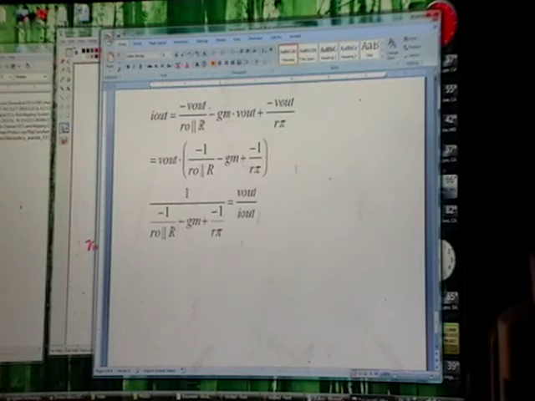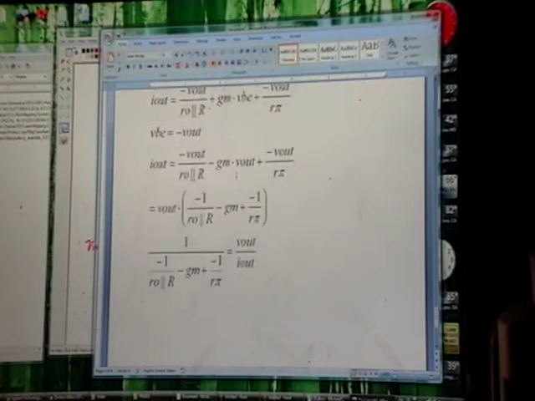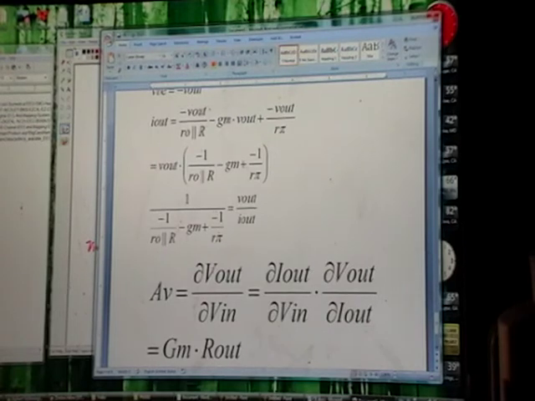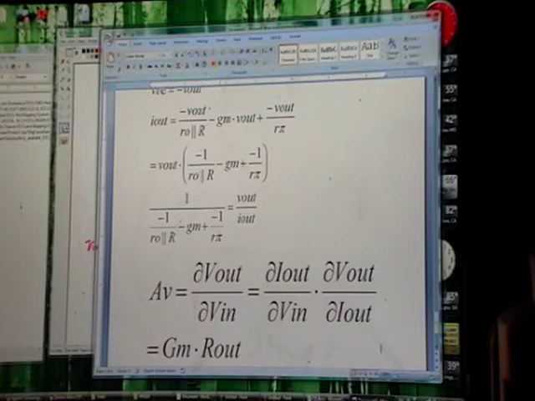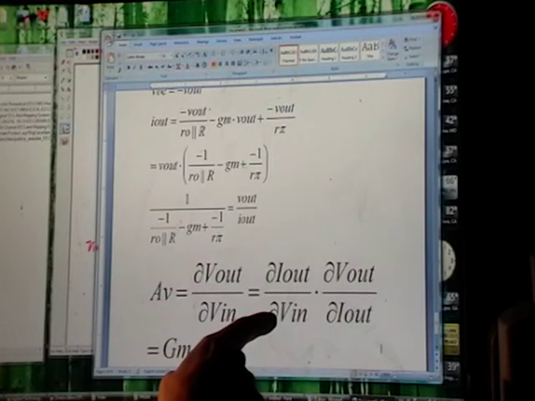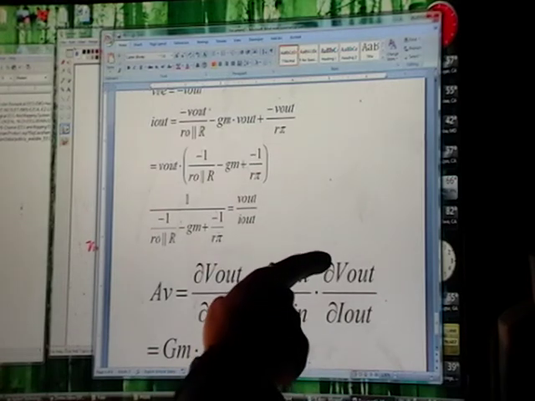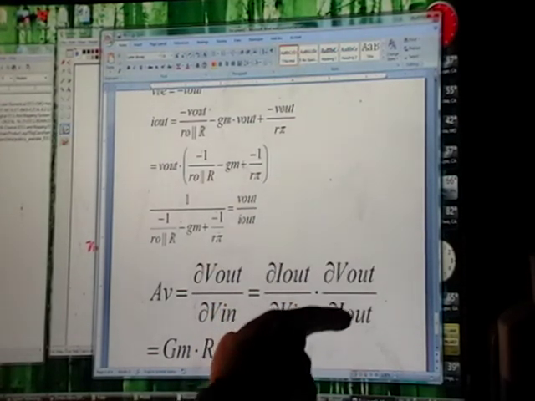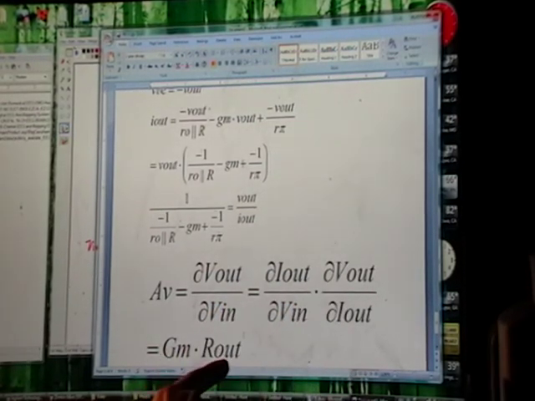But from the last set of slides, you know that gain is change in V out over change in V in. But you can also do that by multiplying change in I out over V in, which is GM, times change in V out over I out, which is R out. So GM times R out.